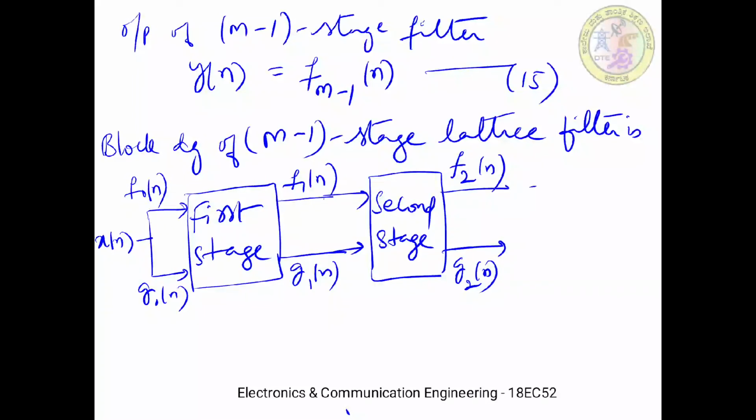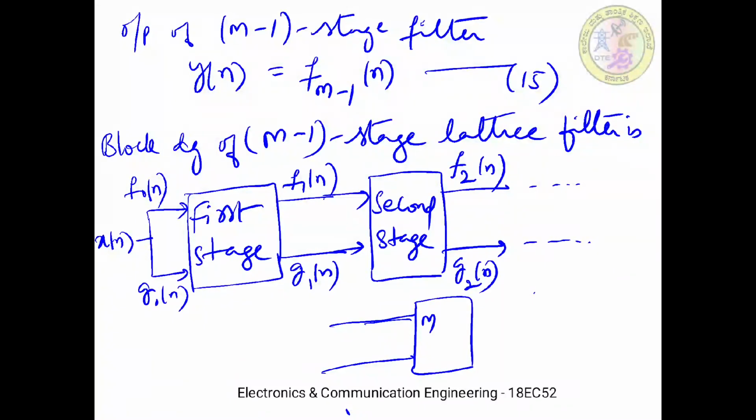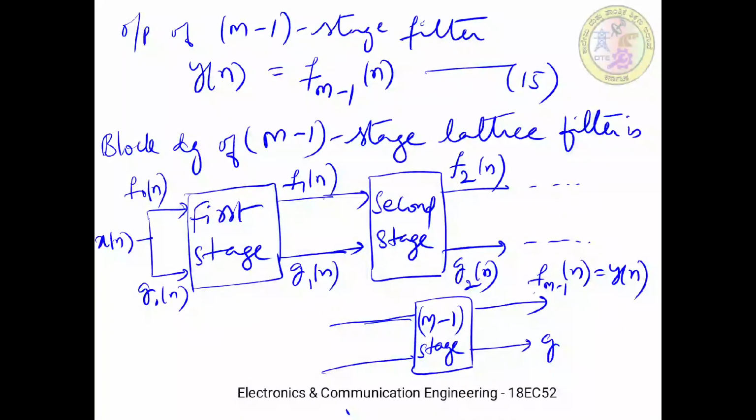Similarly it continues, and in the last stage, the m minus 1 stage, the output f m minus 1 of n is equal to y of n, and the last one is g m minus 1 of n.